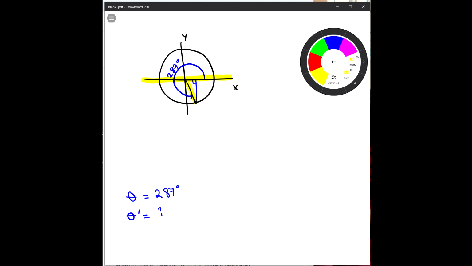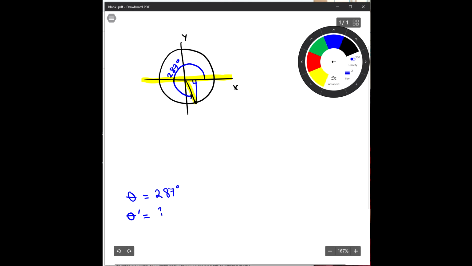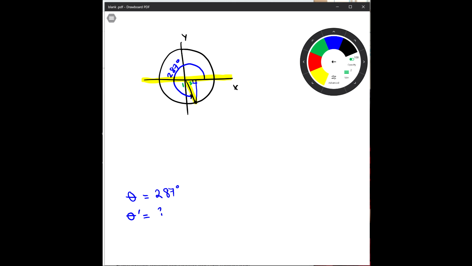Now I see there are two angles formed by the x-axis and the terminal side of the original angle, so I label them angle number 1 and angle number 2. Next, we use the rule that the reference angle is always positive and less than 90 degrees. Therefore, it allows us to eliminate angle number 1. So I erase 1 right here and only keep 2 as our reference angle. Now, how do I find this reference angle?